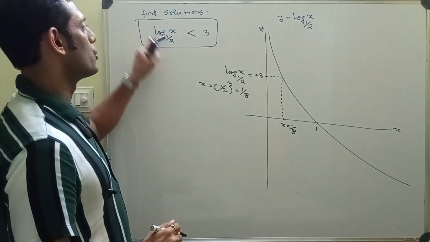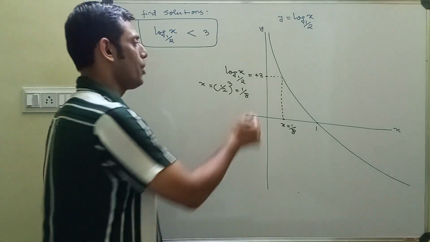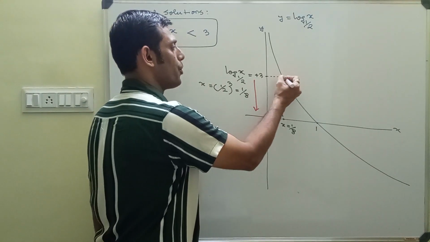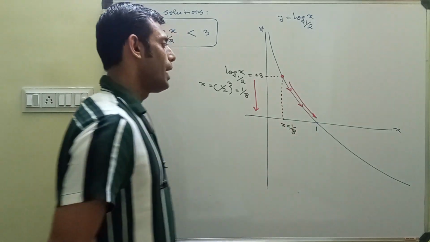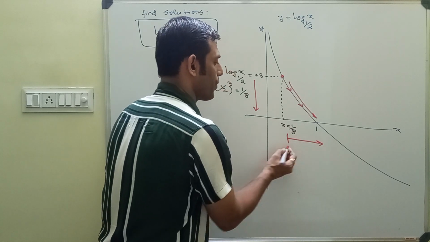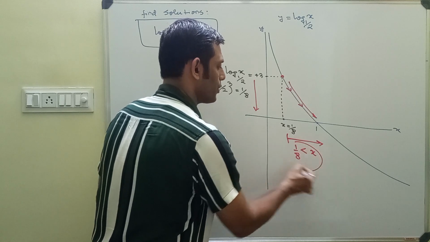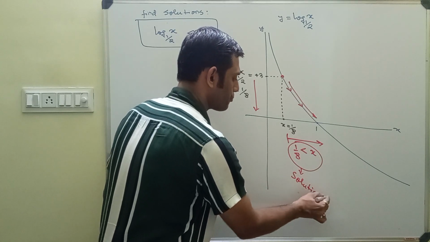You require log values to be less than 3. Now that means your navigation on the plot goes this way. You require less than 3. That means from this point you are going to go downwards, and that means the solution set would lie to the right of x, and hence x would be greater than 1 by 8. This is the solution set.